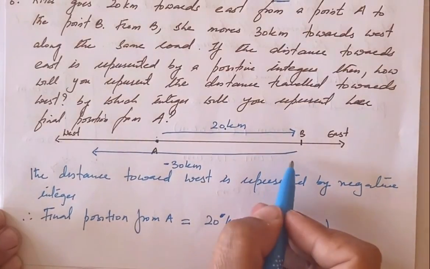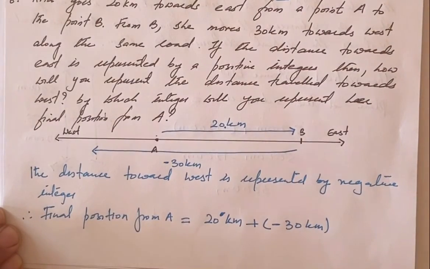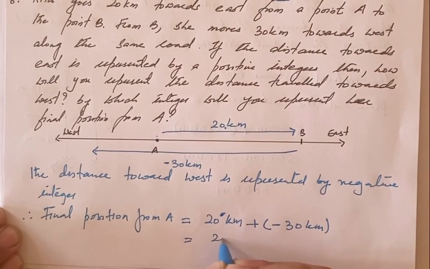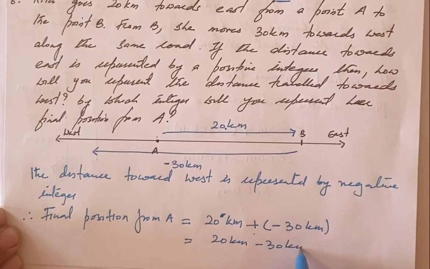Because this is moving towards west, and west is represented by negative. So that is 20 kilometers plus minus 30 kilometers.